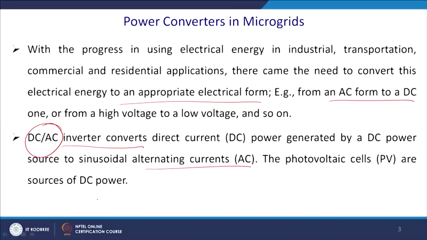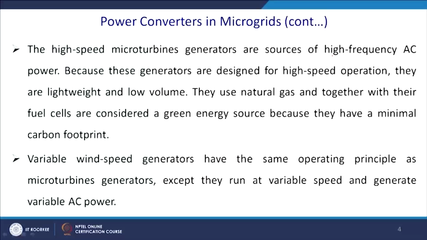Photovoltaic cells, PVs, are DC sources; since they need to be connected to the grid, battery or UPS, they need to be converted from DC to AC. Apart from adjustable speed drives, the high speed micro turbine generators are a source of high frequency AC power, because these generators are designed for high speed operation.